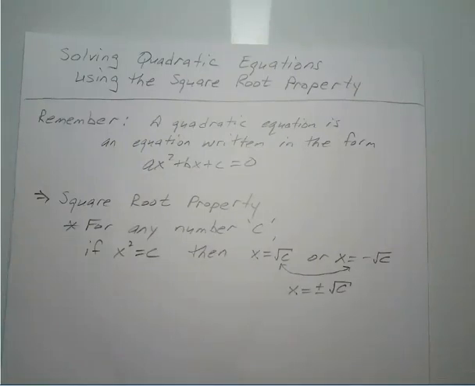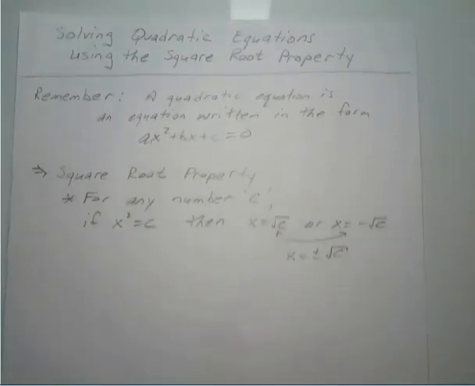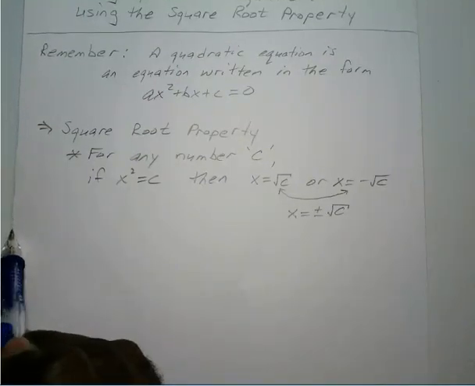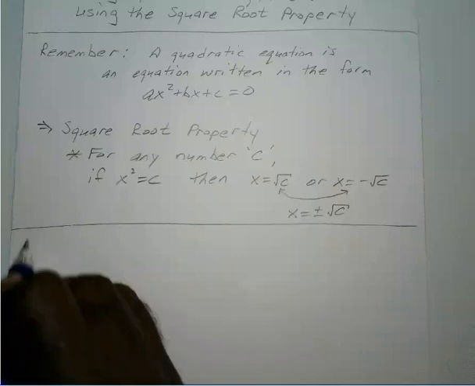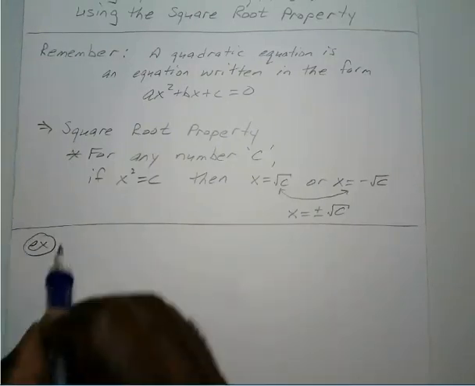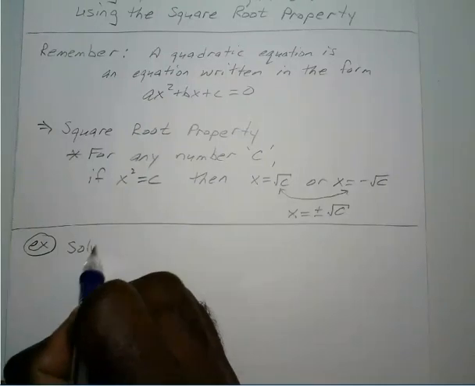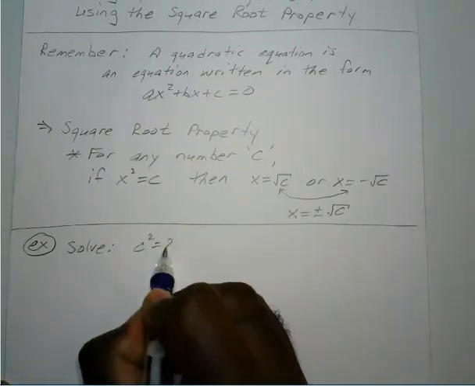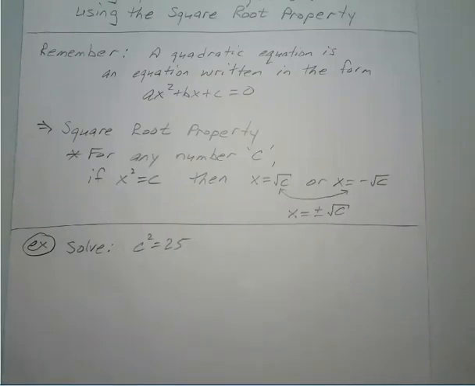Okay, so let's do a quick example. Let's say, for example, we wanted to solve c squared equals 25.